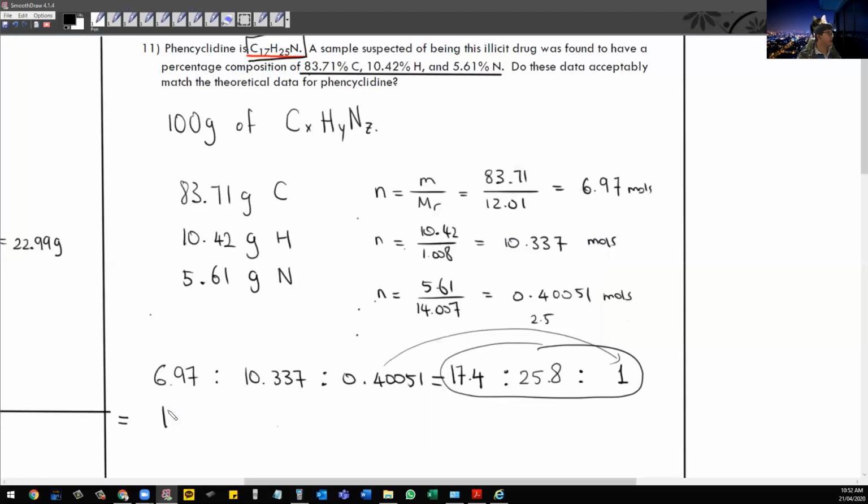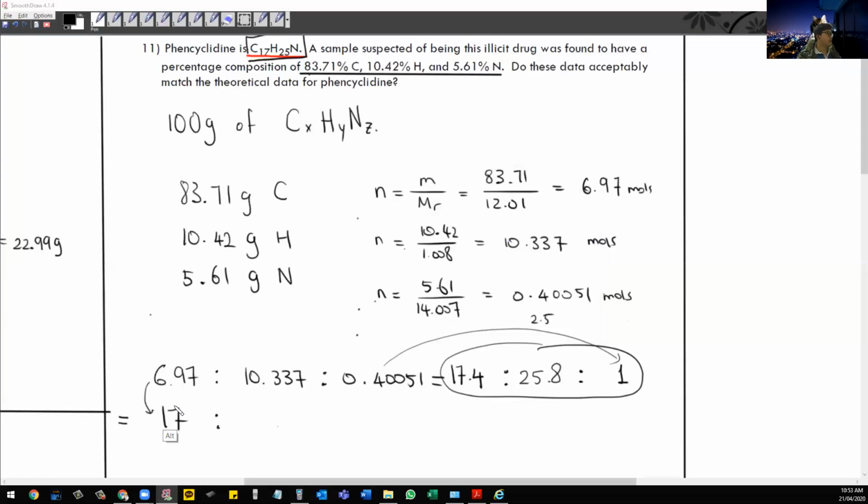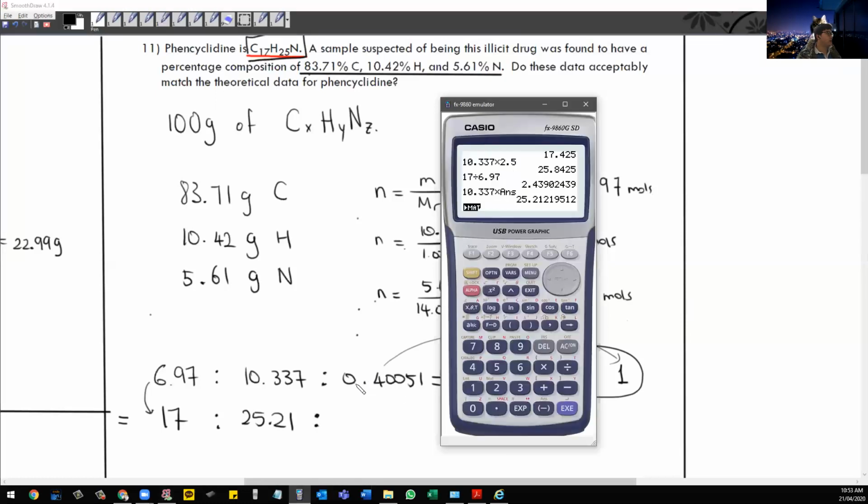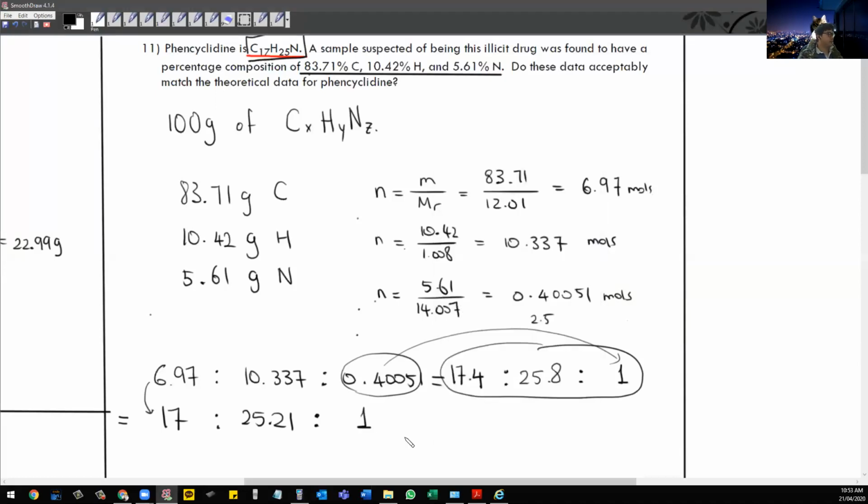So if I make that the standard and make that exactly 17, this one will correspond to 25.21. Let's multiply this number by that number also. So 0.4005 times 2.439. That's pretty close to 1, right? Yep. So 0.97.